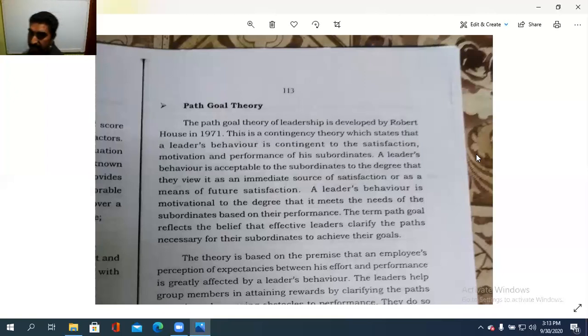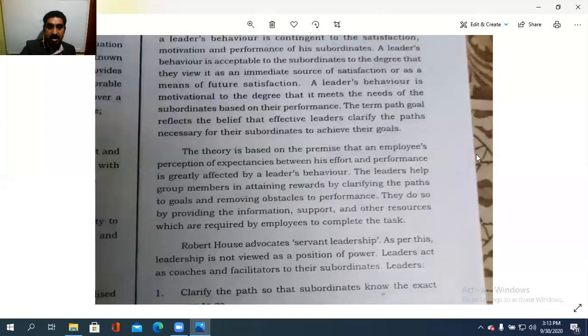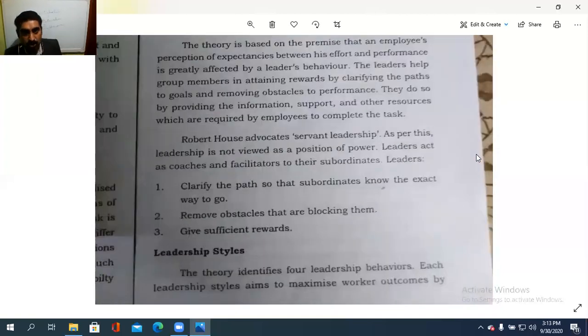The term path goal reflects the belief that effective leaders can clarify the paths that are necessary for their subordinates to achieve their goals. This theory is based on the premise that an employee's perception of expectancies between his effort and performance is greatly affected by a leader's behavior.